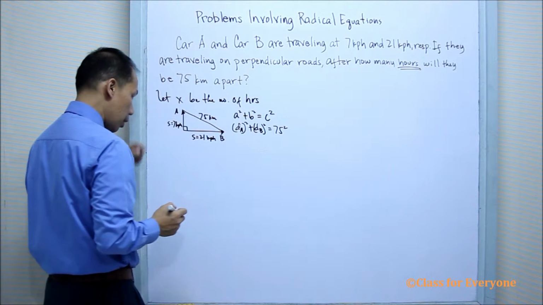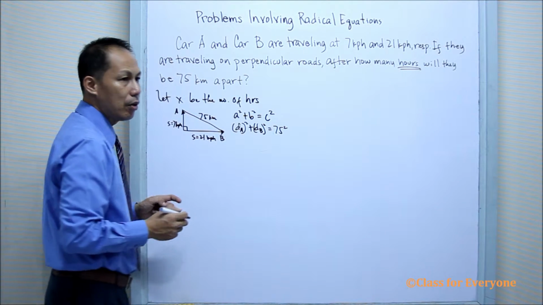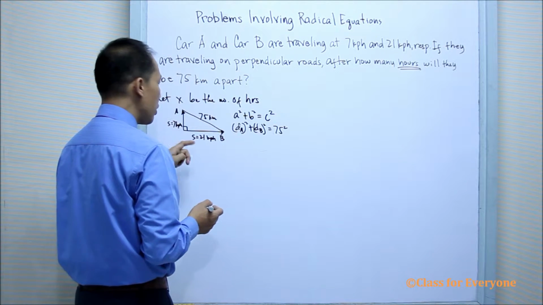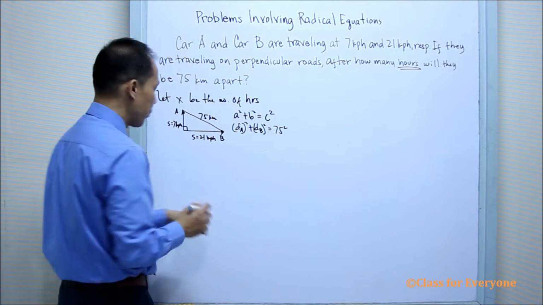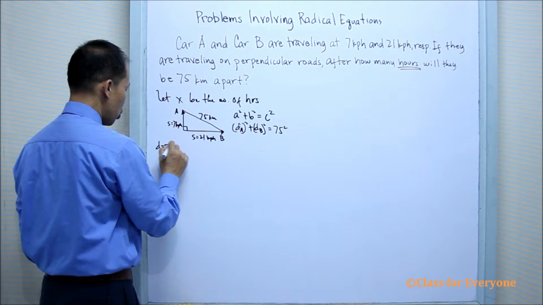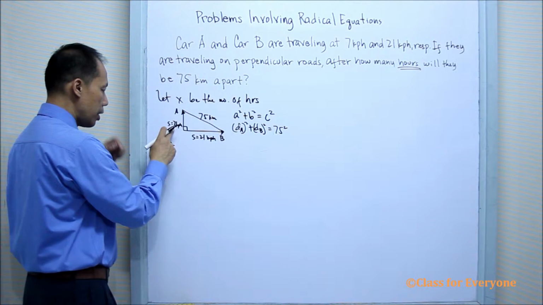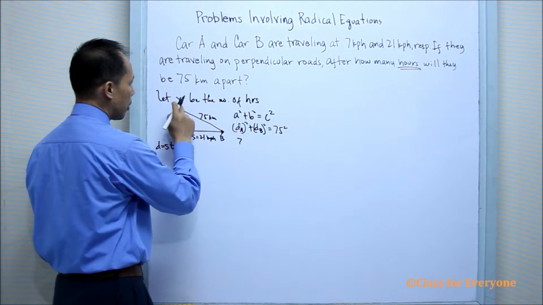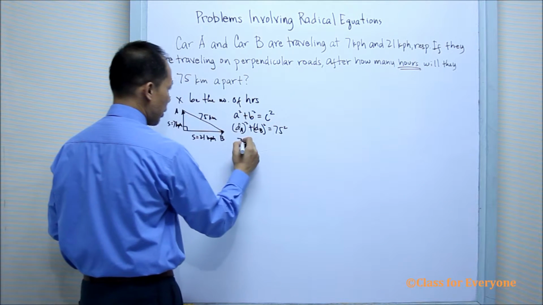Now, we already know that distance is computed by using speed times time, because distance is equal to speed times time. Since the speed is 7, we have 7 here, and the time is x.